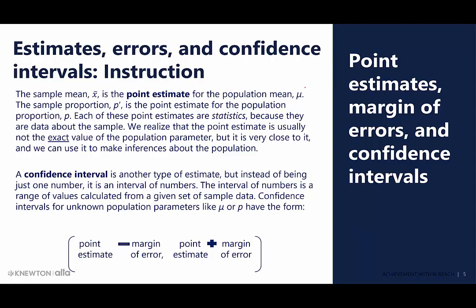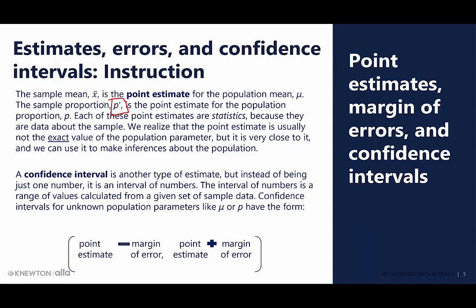So x bar, the sample mean, is the point estimate for the population mean. In a similar fashion, the sample proportion, which they denote as p prime, that's p prime. You see, I covered up the prime. But p prime is the sample proportion. And that is what they're going to use to estimate the true population proportion.